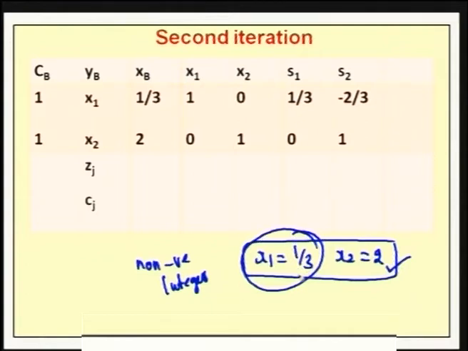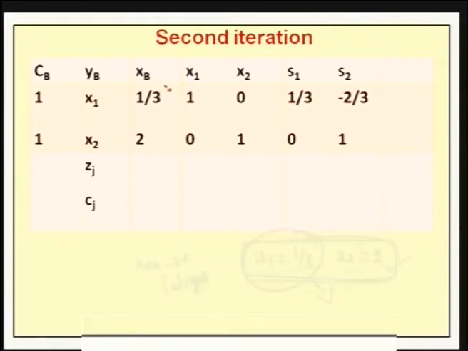The next idea is, now we have to improve this optimal solution. We have to make this non-integer solution an integer solution. For that, we should make use of the Gomory constraints. So, this optimal solution x1 equal to 1 by 3, x2 equal to 2 should be improved with the help of Gomory's cutting plane method.